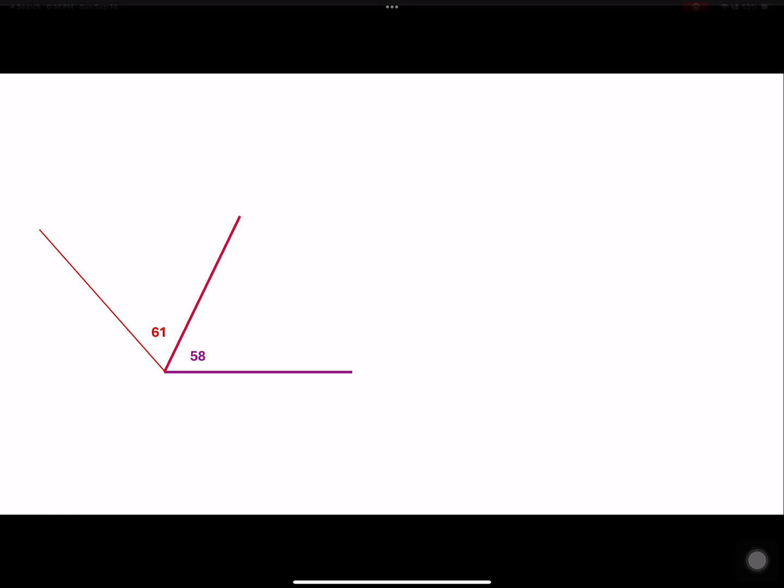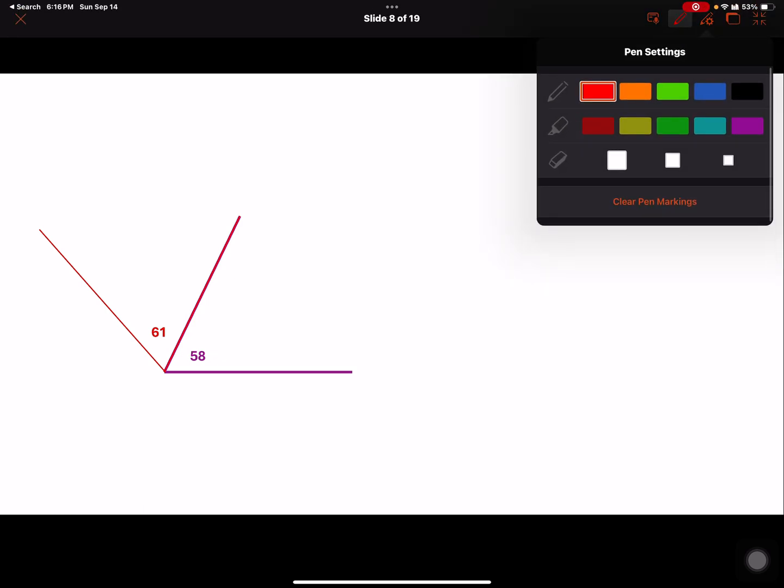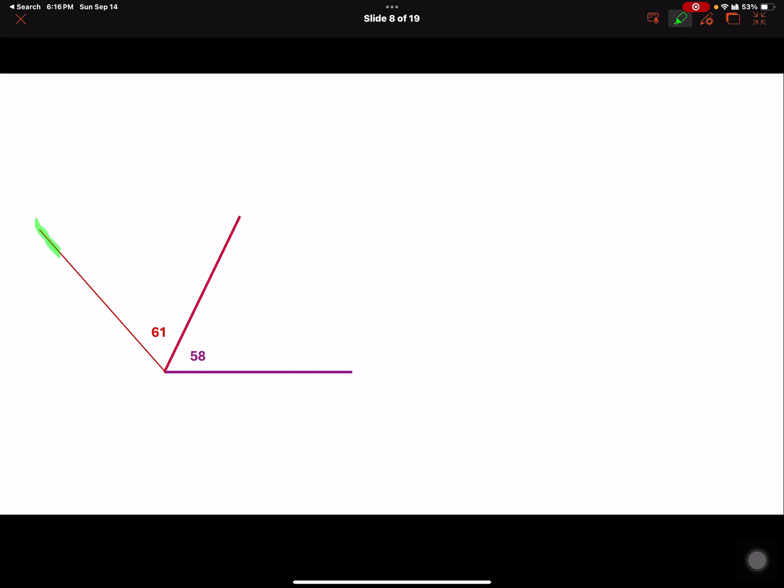All right, so now let's get into our first postulate or theorem. Imagine you have one angle here, let's say angle 58. And then let's say we bring in a second angle, angle 61 here. If I wanted to determine the angle measurement of this larger angle right here, what do you think I would have to do?